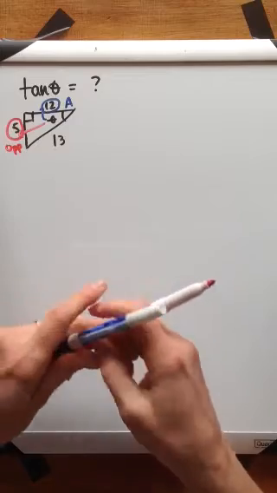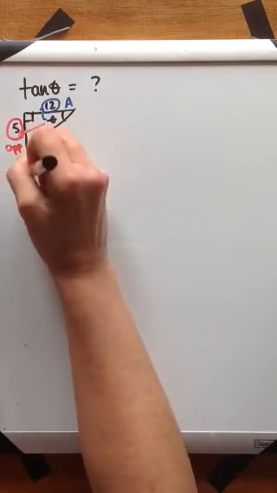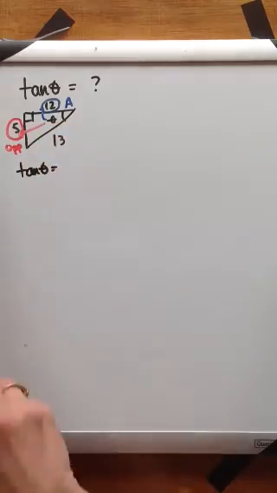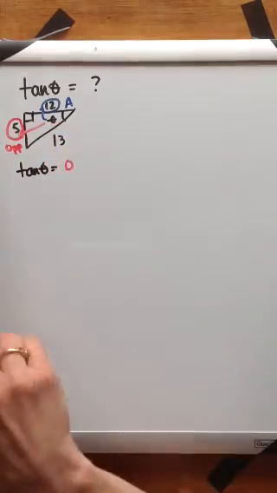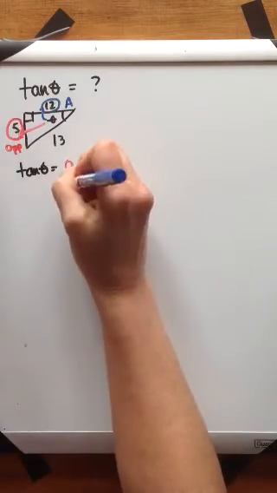Okay, so for this angle, tan theta is equal to opposite over adjacent, and I'll use colors here just to show where everything comes from.